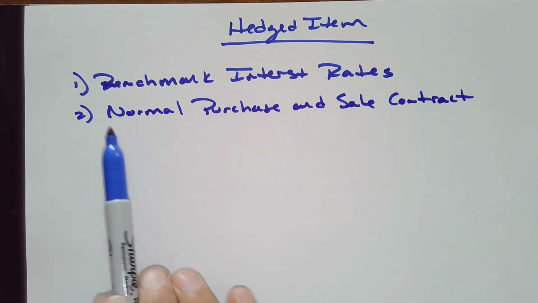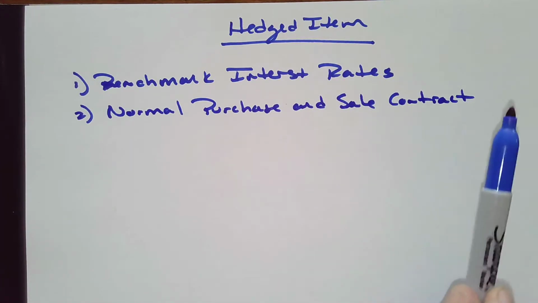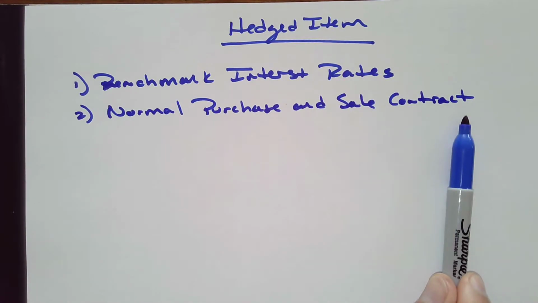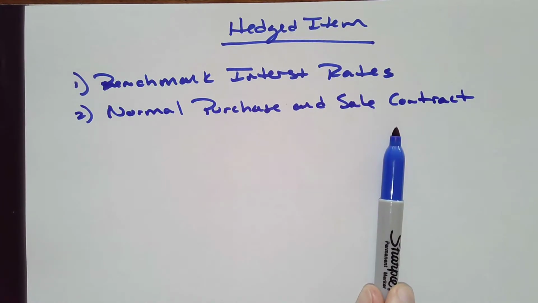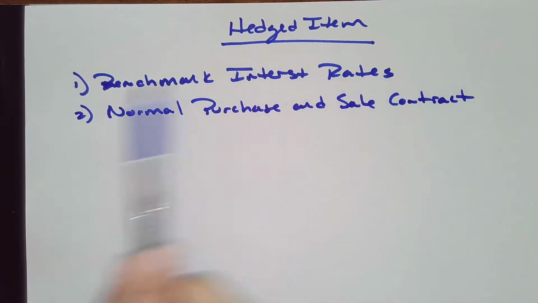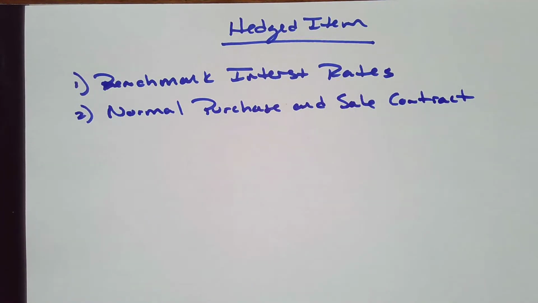Well, if you have a normal purchase and sale and you are not able to get the exception treatment, then this contract, or the price within this contract, can also be a hedged item.